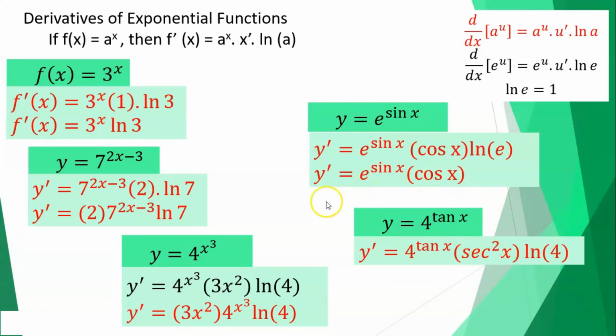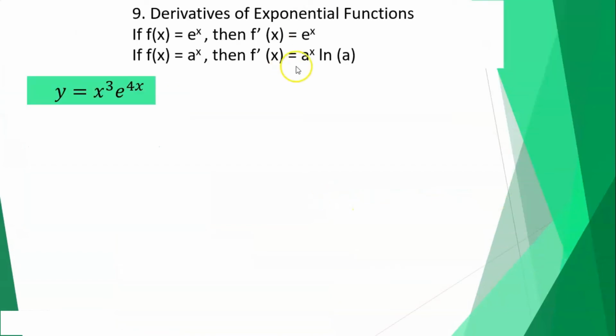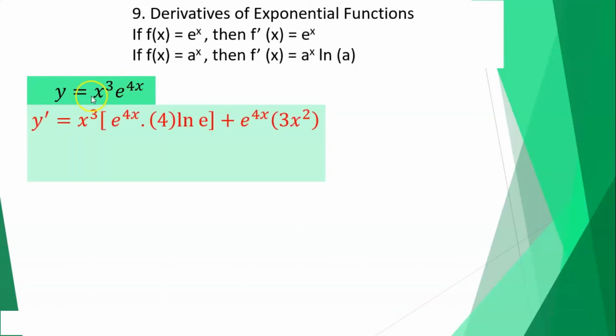Okay, another. If we're given y is equal to x cubed times e to the power of 4x, here we can make use of the product rule. With the product rule, copy the first and get the derivative of the second. The derivative of the second is: copy the given, e to the power of 4x, times the derivative of the exponent, which is 4, then natural log of e, plus copy the second, and the derivative of the first, which is 3x squared.